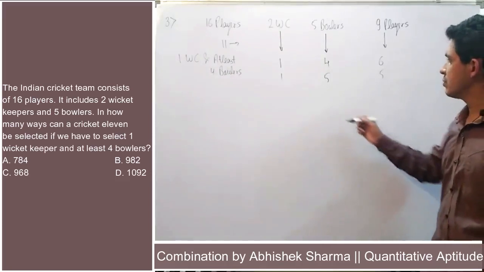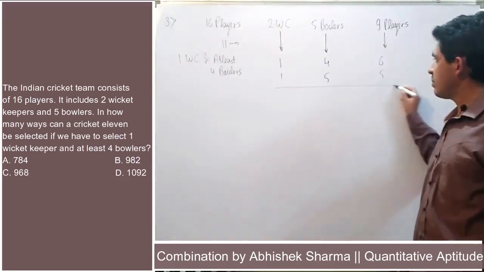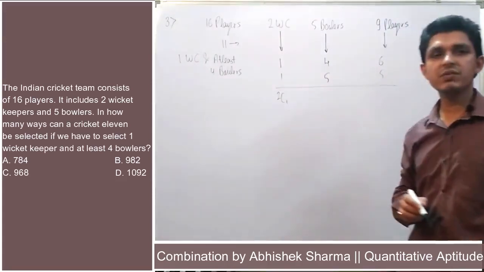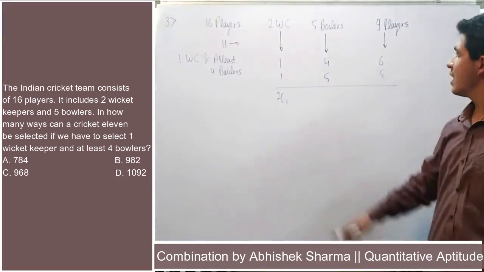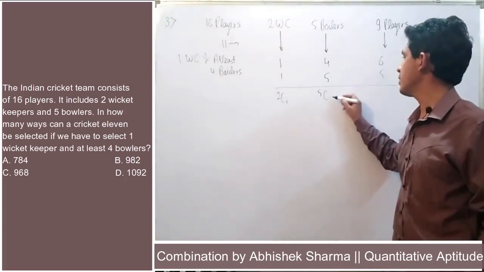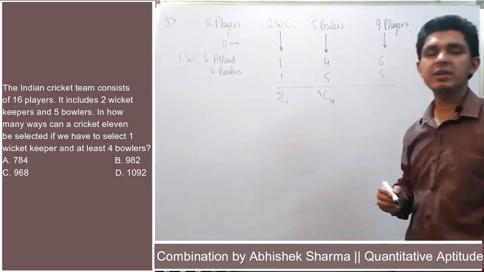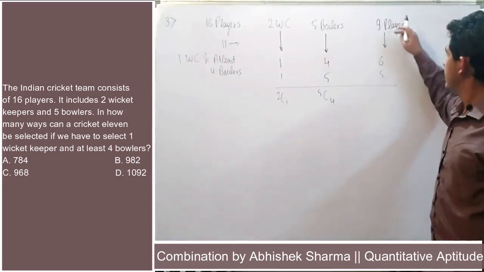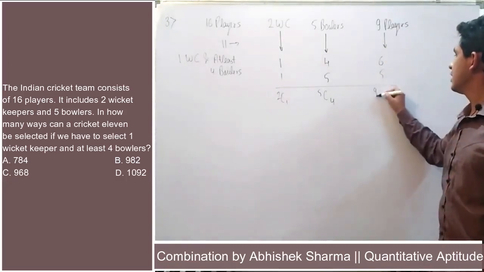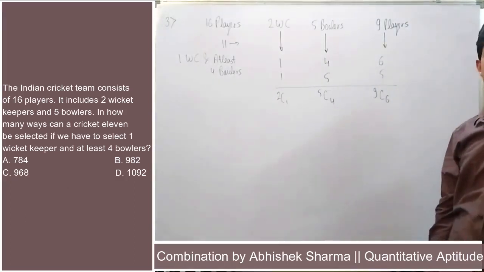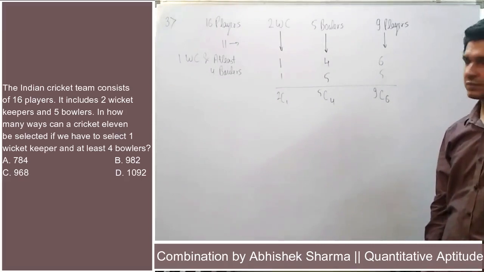So we can just apply the arrangement part. Like in the first part, 1 wicket keeper is to be selected, so this will be done in 2C1 ways, and we have to select 4 out of 5 bowlers, so this will be done in 5C4 ways. Then we have to select 6 out of 9, so this will be done in 9C6 ways.